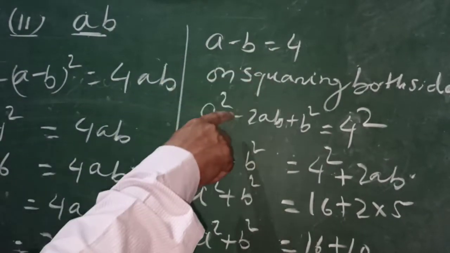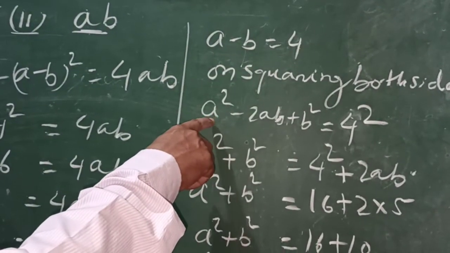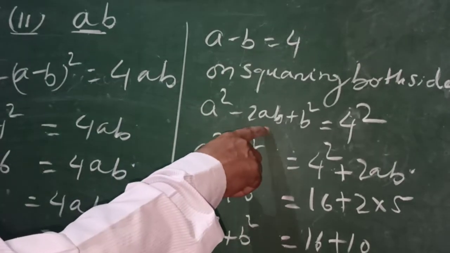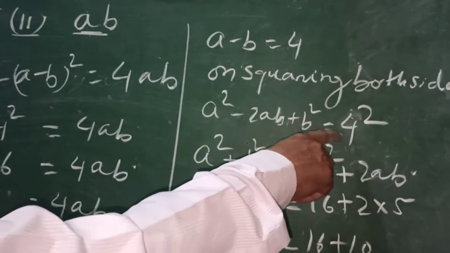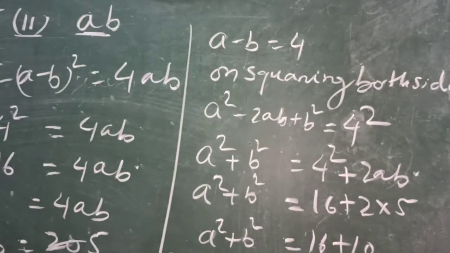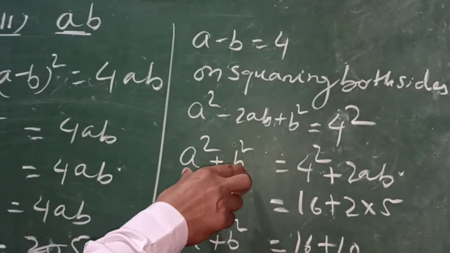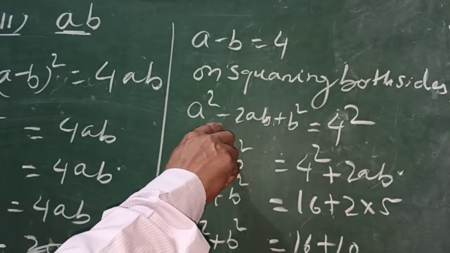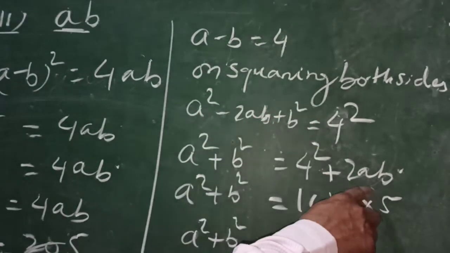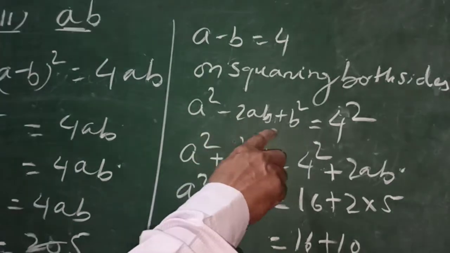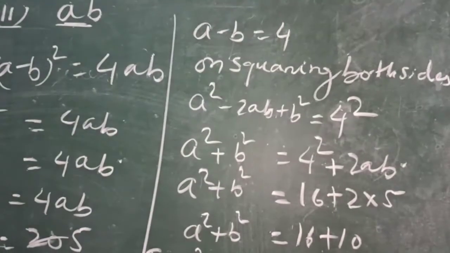a minus b whole square you can write a square minus 2ab plus b square is equal to 4 square. A square plus b square keep in this side and minus 2ab transfer right side. Minus 2ab change into plus 2ab.